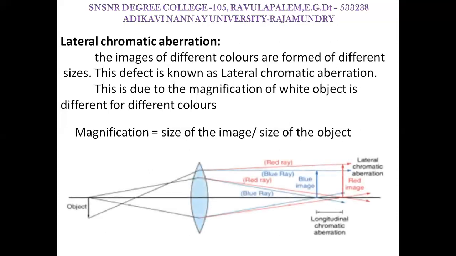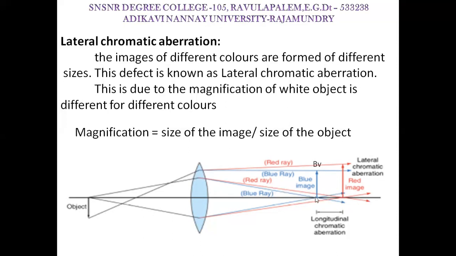Right. Let us observe this diagram to understand lateral chromatic aberration. This is the object. A lens is placed in the path of the light beam. Light rays pass in different directions through this lens, and the image is formed at different points, like this and like this.